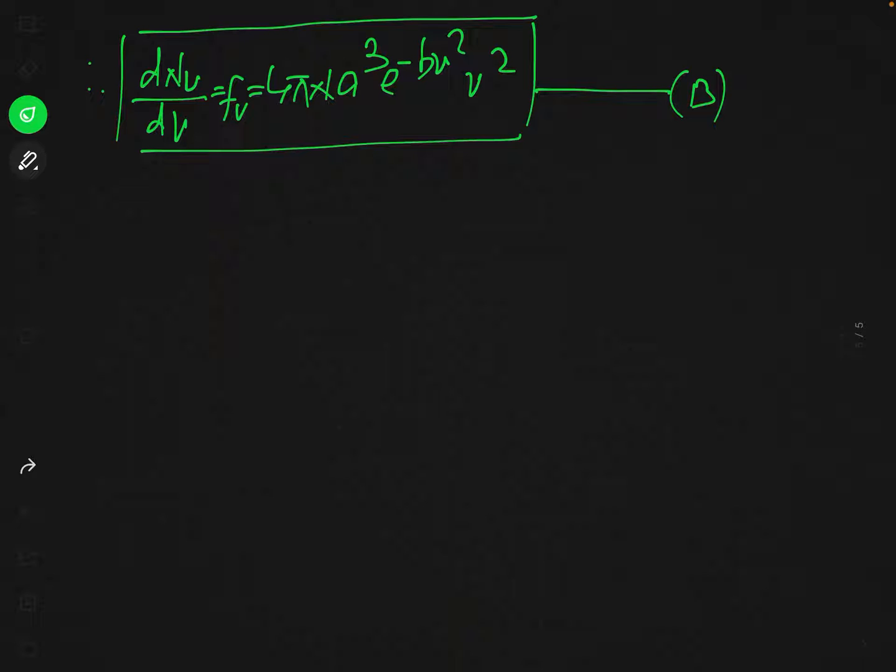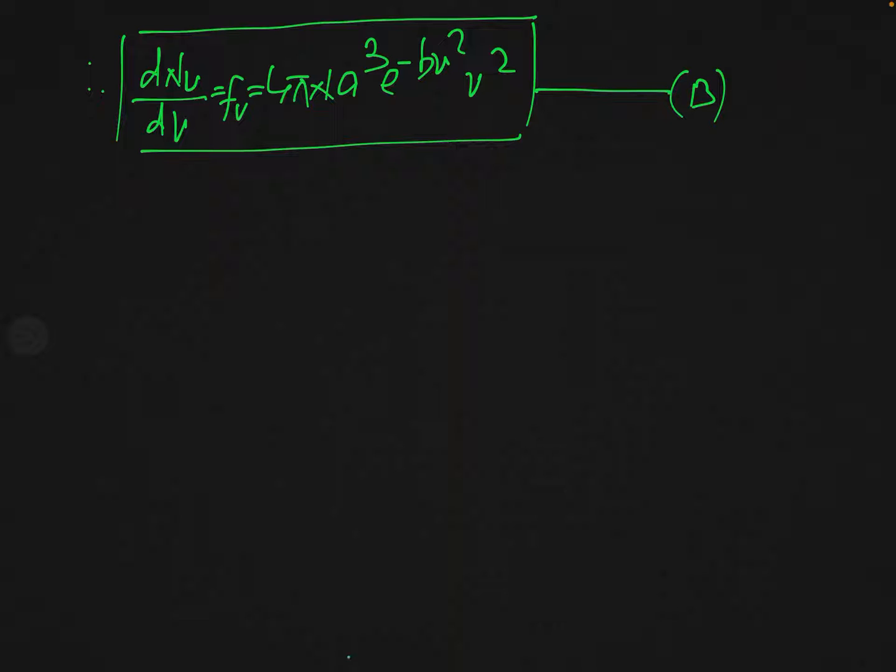Now, as I have told you, this equation contains two unknown constants. You don't know the actual value of the constant A and also the constant B. So now our primary aim is to evaluate the actual values of these constants. So how will we evaluate them?